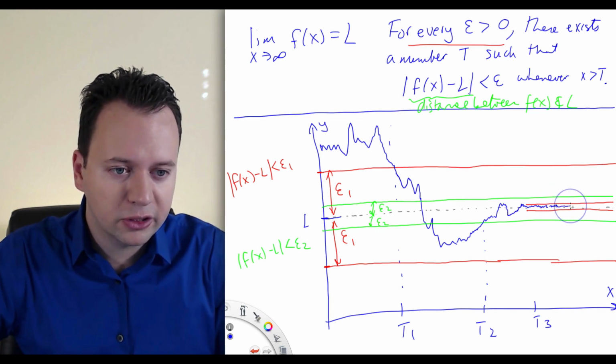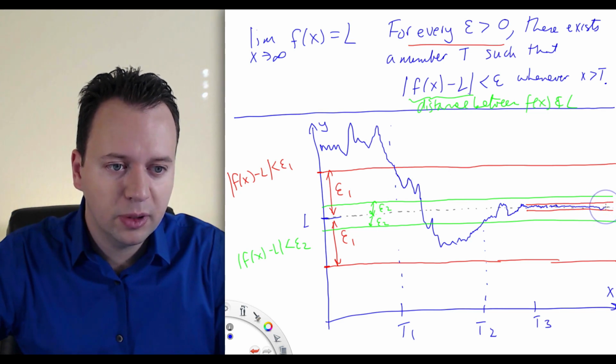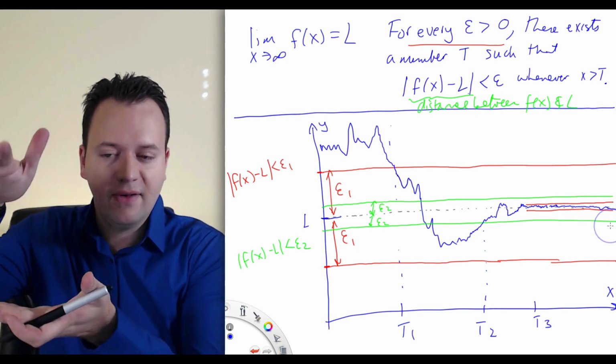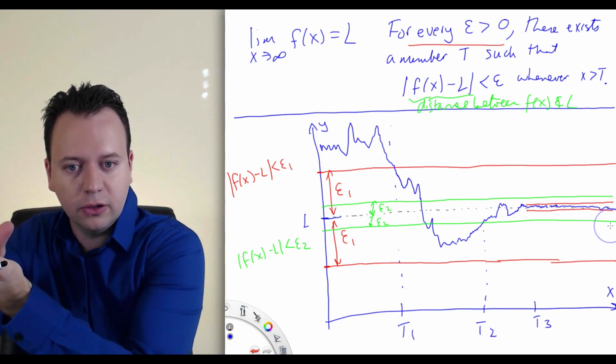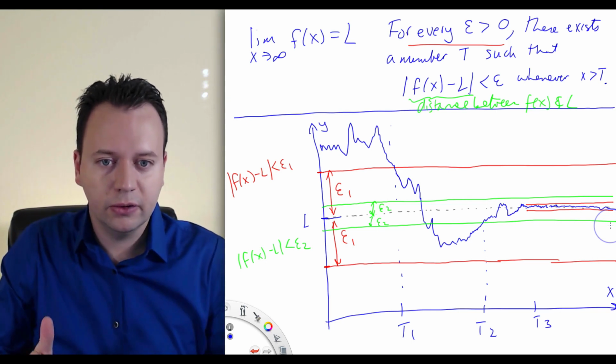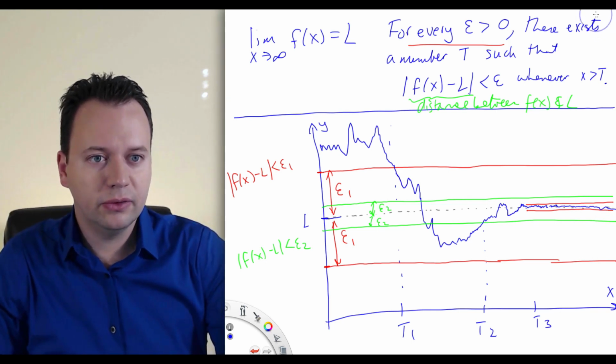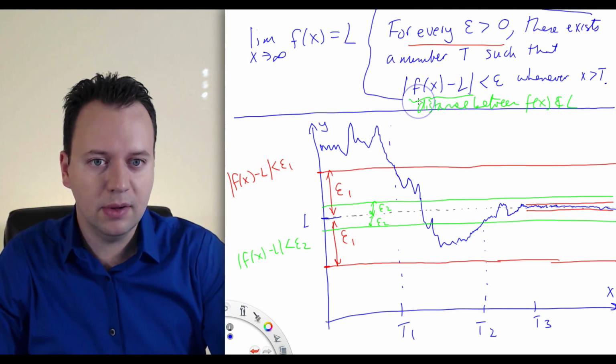And you do it again with a smaller tube and a smaller tube and a smaller tube. And basically, the y values have to get closer and closer and closer to L as x goes to infinity. So that's basically the meaning of this statement up here.